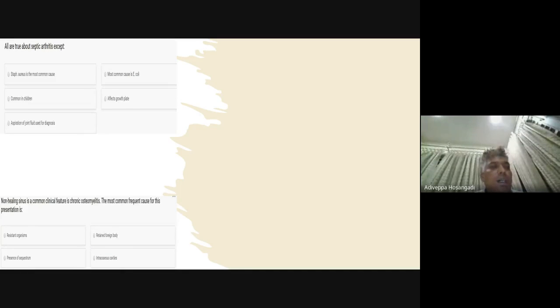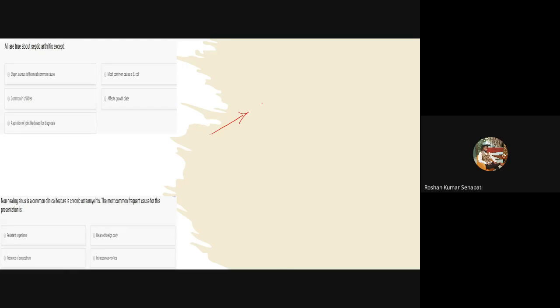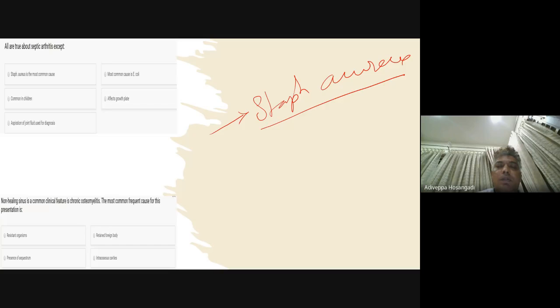All are true about septic arthritis except. Most common organism causing orthopedic infection, please remember it, is Staph aureus. Always Staph aureus.